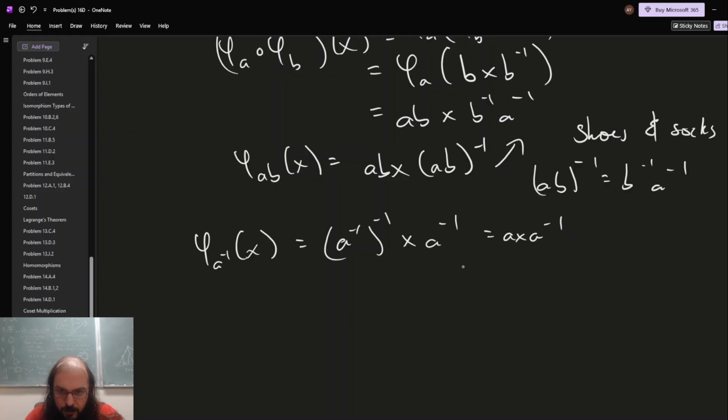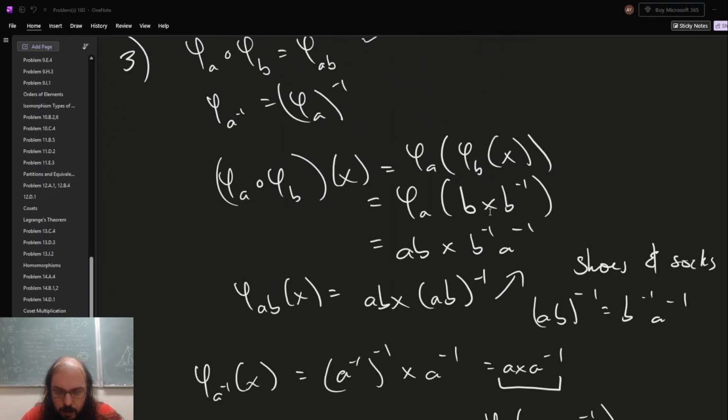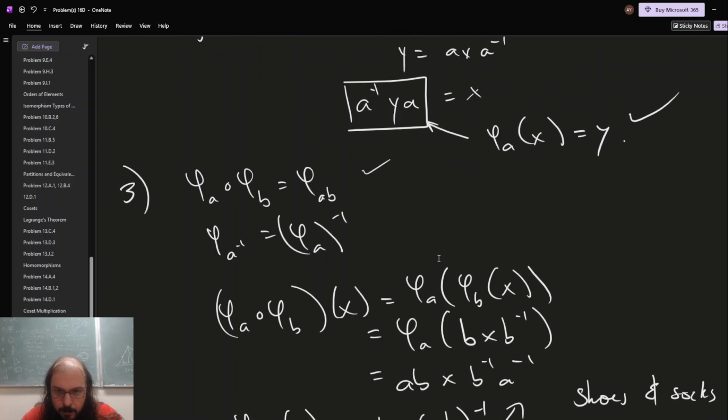And so if I plug this in to phi of a, then you get A inverse A x A inverse A. Wait, hold on. I think my inverses got switched somewhere. Yeah, they did.